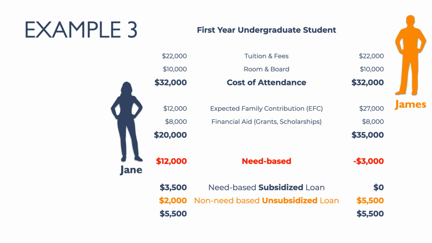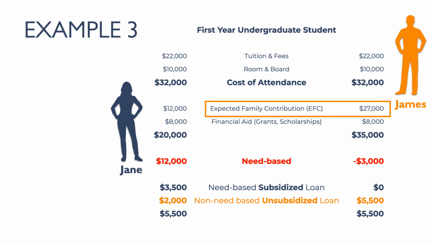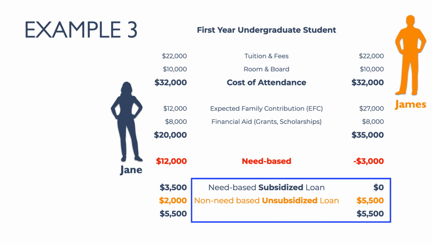As a result, she qualifies for a maximum of $3,500 in subsidized loans and $2,000 in unsubsidized loans. On the other hand, James has an EFC of $27,000, which means he does not demonstrate financial need. James can still receive the maximum of $5,500 in federal student loans, but they can only be unsubsidized.